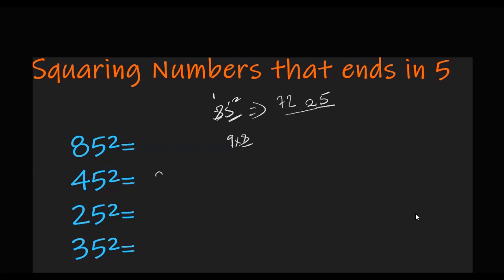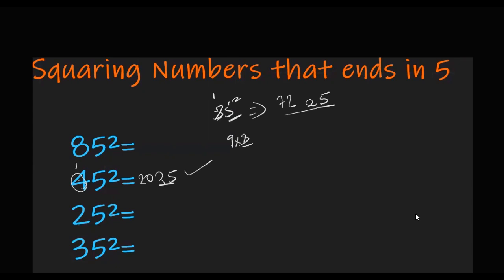The same comes here if you have 45. So you want to write 25 at the end, and then you fill the front with 1 plus 4, which is 5, then you multiply that by 4, which is the number here, and that one gives you 20. So that one is the answer there.